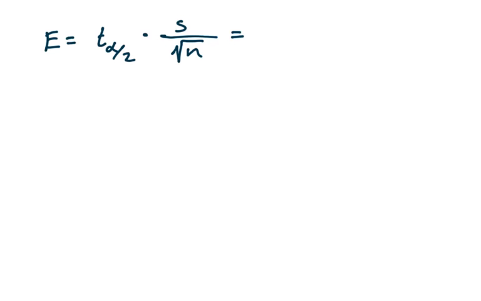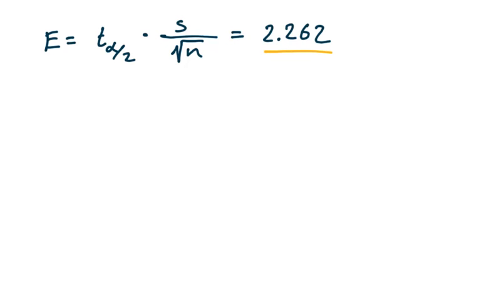So we plug everything in, and notice since we have the same alpha, and since a confidence interval corresponds to a two-tailed test in the hypothesis test, we have the exact same critical t-value.